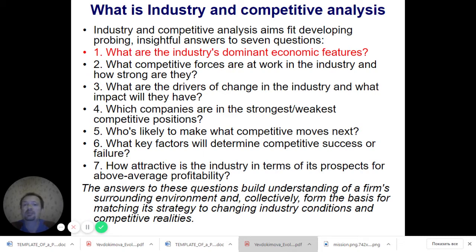For example, during the next lecture, we will speak about the second point, about main competitive forces, etc. Today, we will speak about only the first point.